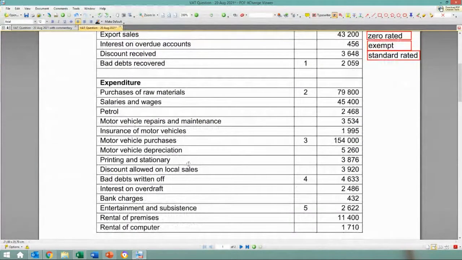We're going to follow a similar method to what we did with the output VAT. So we know expenditure or purchases relates to input VAT. Okay, so I write down this information, but now I have to go through each and every individual item. Now let's see, purchases of raw materials, there is a note 2.